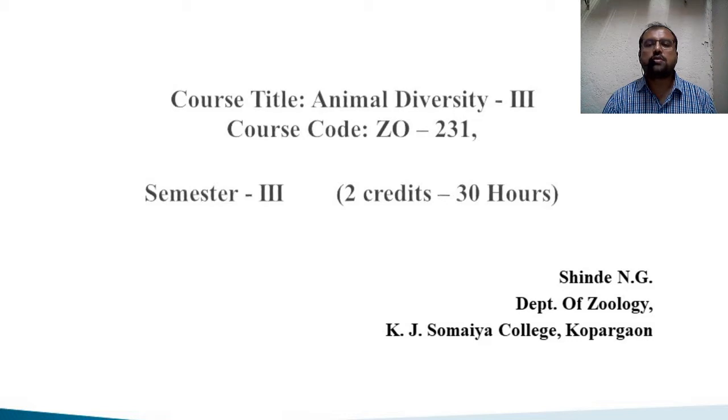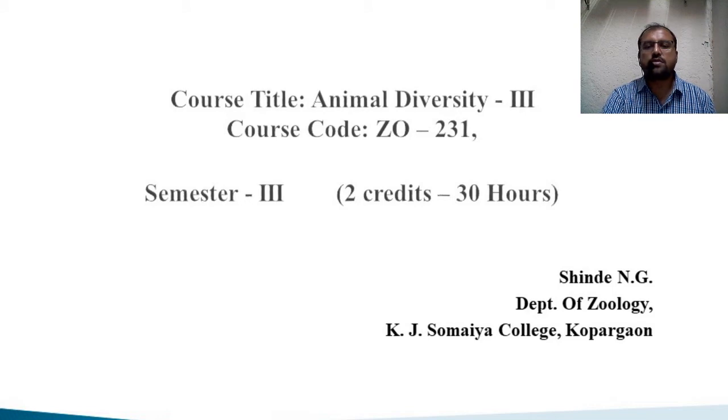Out of the internal 15 marks, you will have to score a minimum of 6 marks, and from the university theory exam, which is for 35 marks, you will have to score a minimum of 14 marks, and likewise out of 50 you will have to score a minimum of 20 marks. So this is the marking pattern for all the papers in SY.